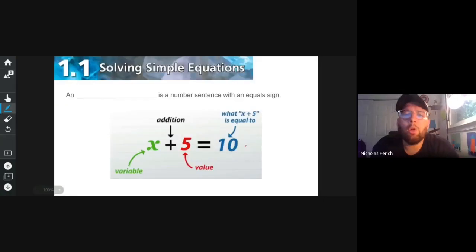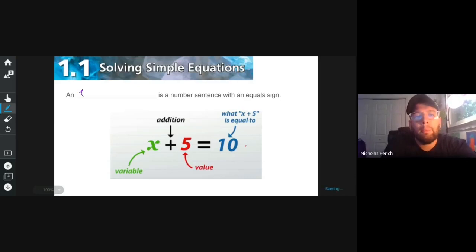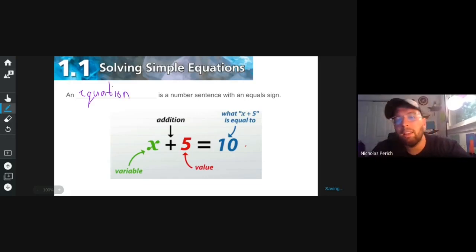Now, what's an equation, you ask? Well, an equation... Oh my gosh, the lag on this thing is so bad. An equation is a number sentence with an equals sign. Like this guy down here, like that picture down below. I have my variable, I have my constant, my number, and then it equals something.